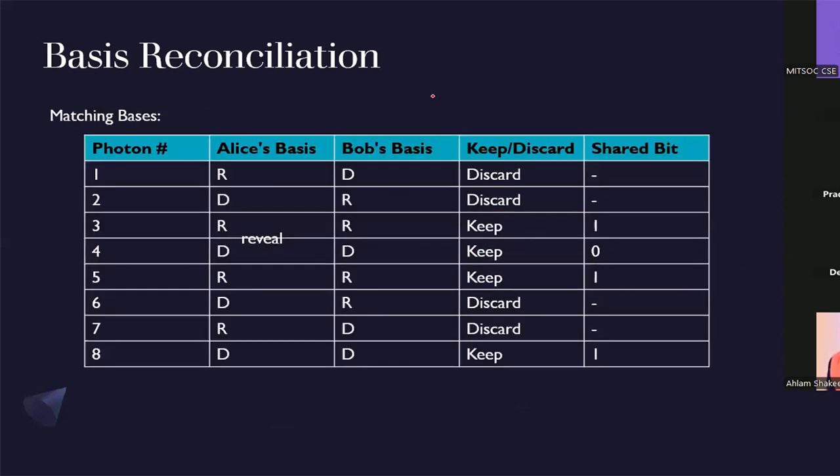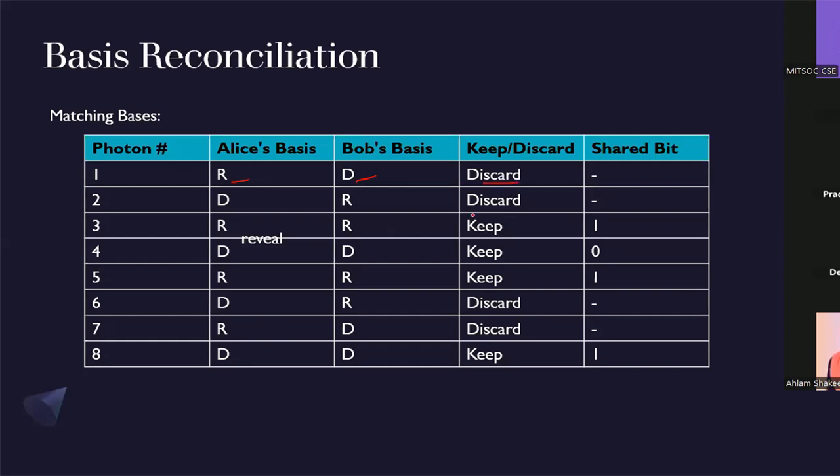After this, the whole picture is what Alice has sent, what Bob has as a basis, what we need to keep, and what we need to discard. Alice has used the rectilinear, and Bob has chosen the diagonal, that's why it is discarded.